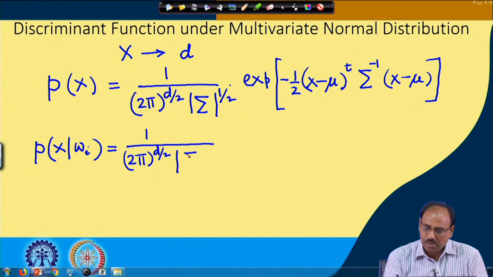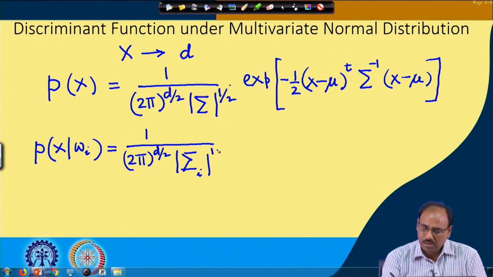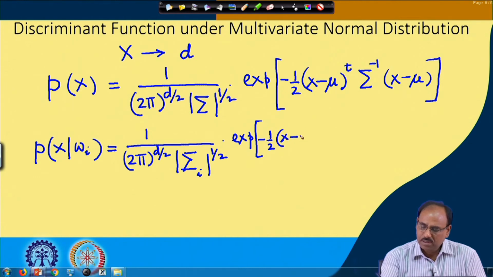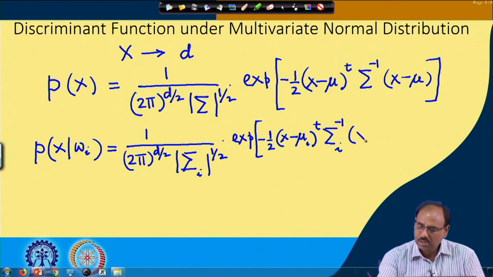Now, this sigma actually becomes sigma i, because this is for class omega i, square root of that, into exponent minus half (x minus mu i) transpose, because this mu becomes mu i for the ith class, sigma i inverse into (x minus mu i).